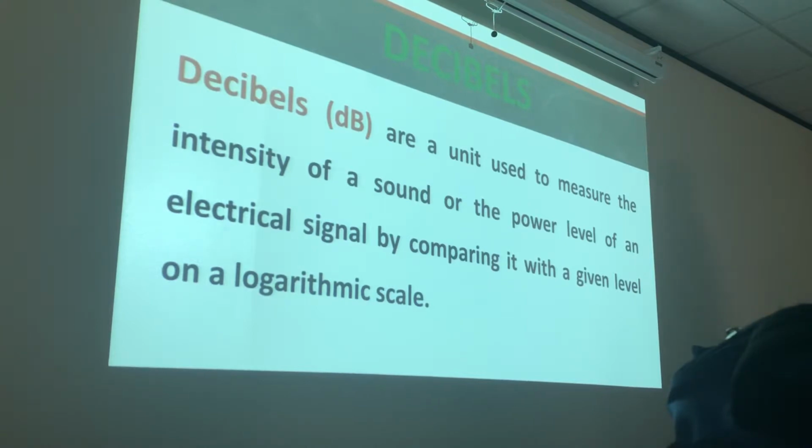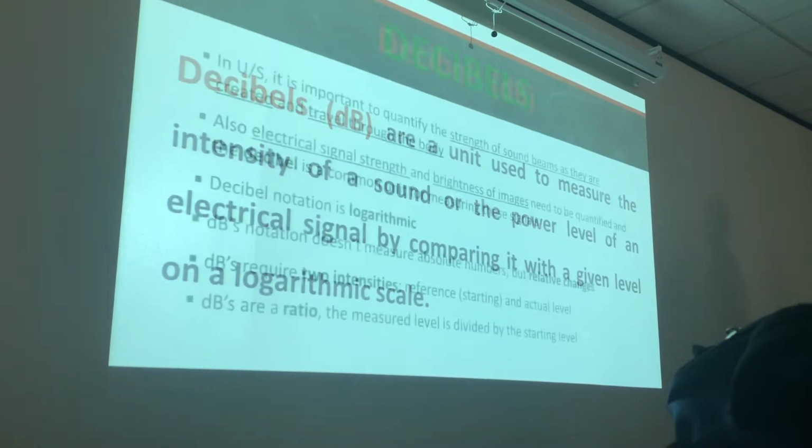Not the other way around. Again, the book states decibels are a unit used to measure the intensity of sound or the power level of an electrical signal by comparing it with the given level on a logarithmic scale. And of course, the decibel is the unit we use to measure that.